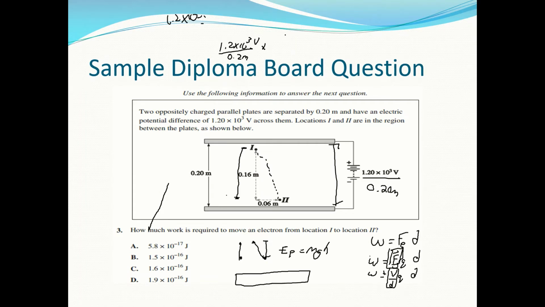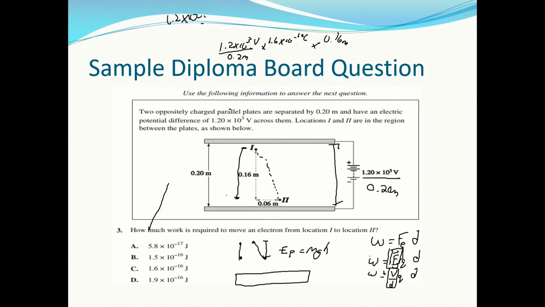So we're going to multiply that by our charge. It's talking about an electron, so that'd be the charge of an electron, 1.6 times 10 to the negative 19 coulombs, right? And we want to multiply that by our distance across the plates, which is 0.16 meters, because that's how much we actually move it.